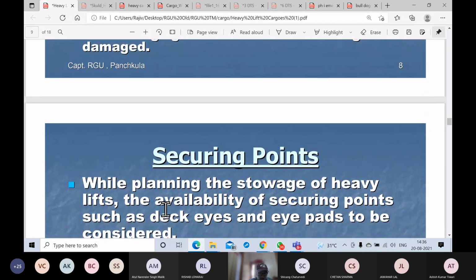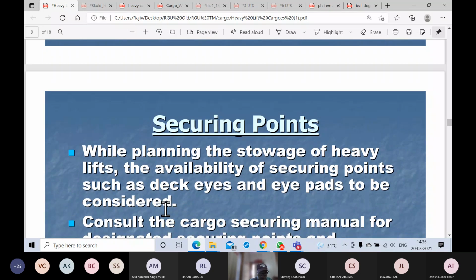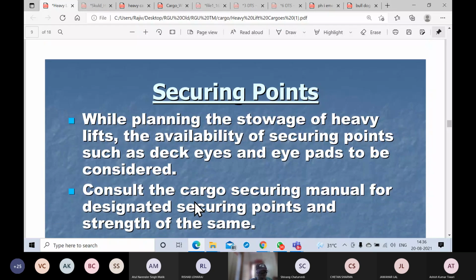Then when you are planning the stowage of heavy lifts, securing points such as deck eyes, eye pads, etc., are also to be considered for availability of securing. When you go to the cargo securing manual, which is vessel specific, you will come to know what are the designated securing points for the location on which you are placing the load.